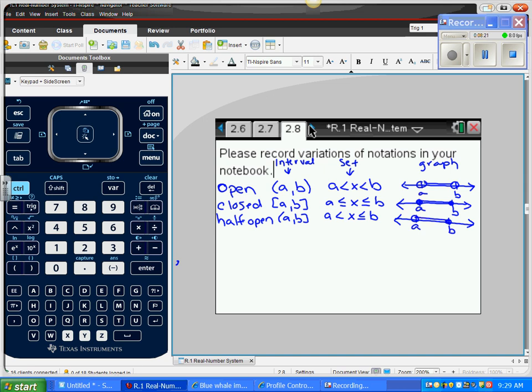All right. Open. Half open. Oops, I guess I should have an infinity sign here. I apologize.